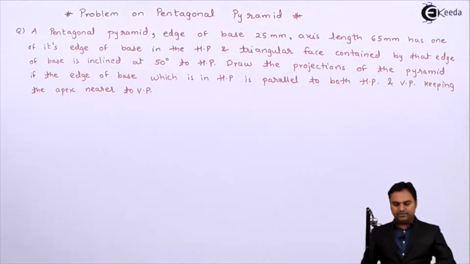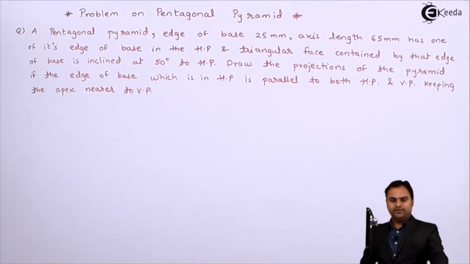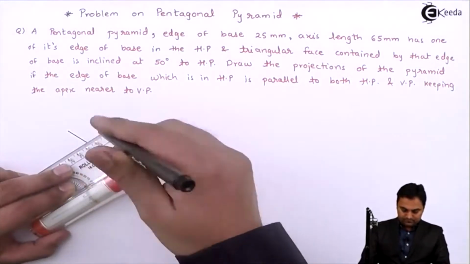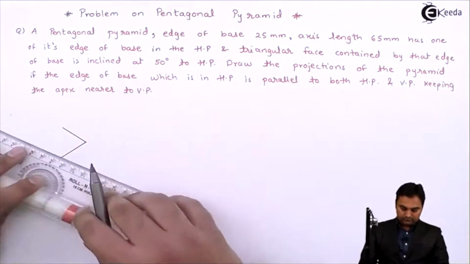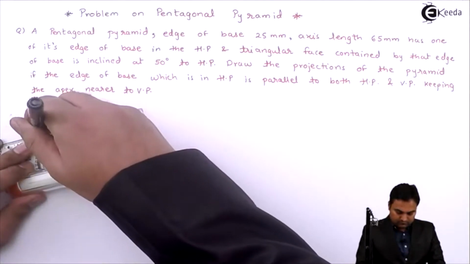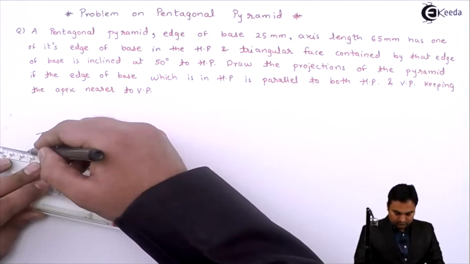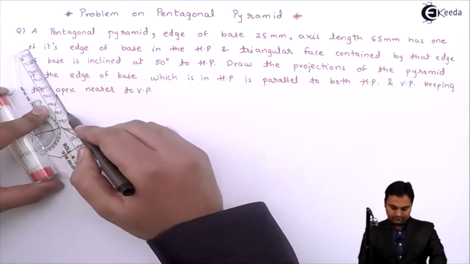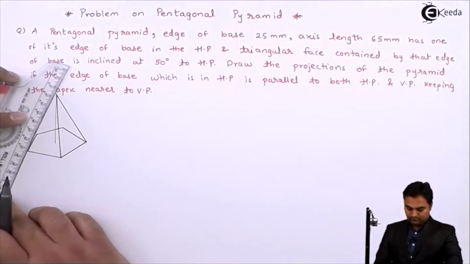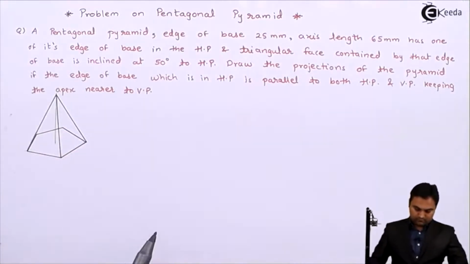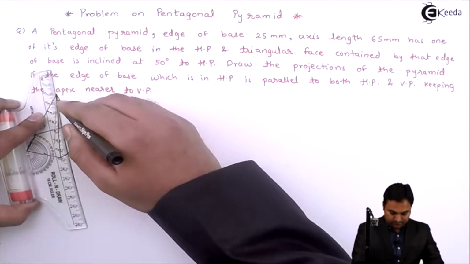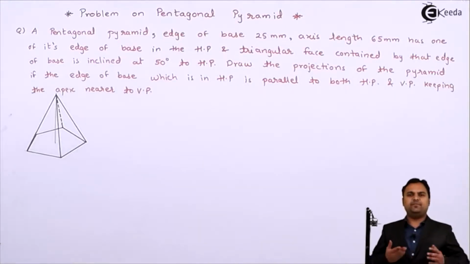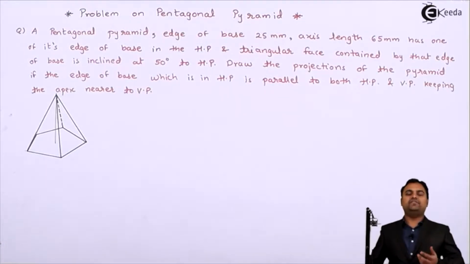The first thing we have understood is that the type of solid is a pentagonal pyramid. So I'll draw the diagram and explain it. So here we have a pentagonal pyramid whose base is in the shape of a pentagon and it has 5 corners at the base.